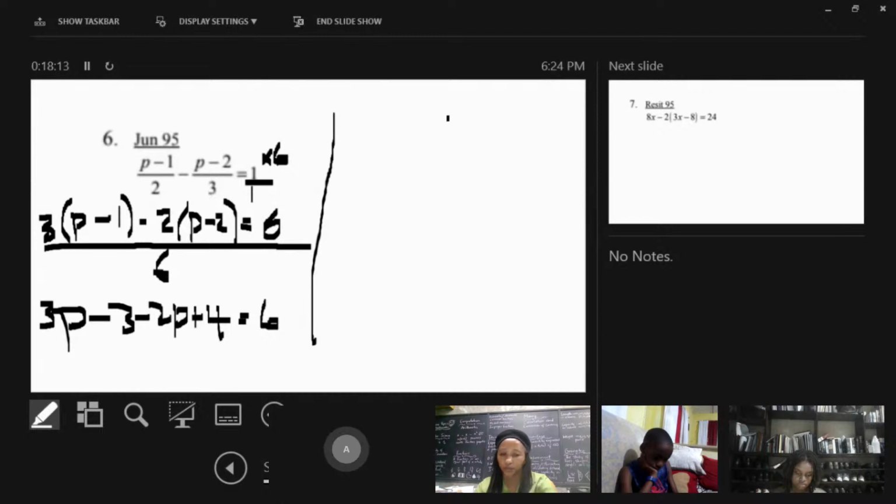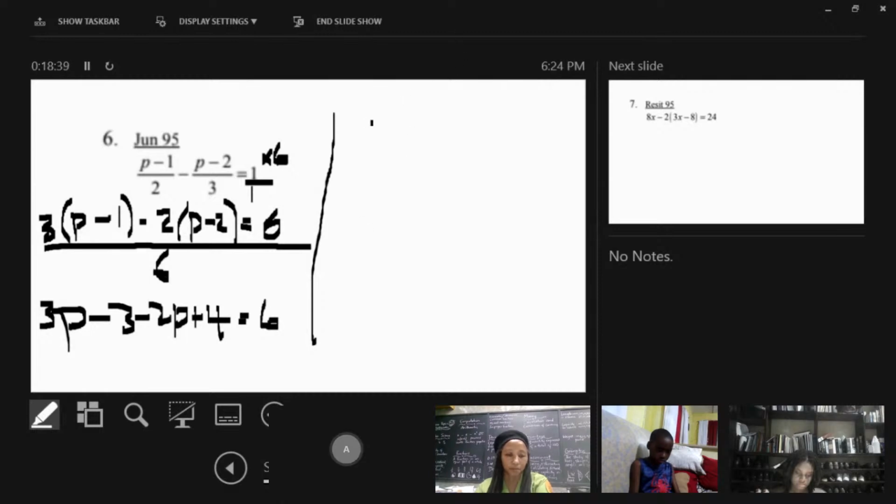They're all over 6, so we can ignore the 6. We can ignore the LCM at this point because they're all over the same LCM, so we can just focus on solving the numerator. So just solve this equation.